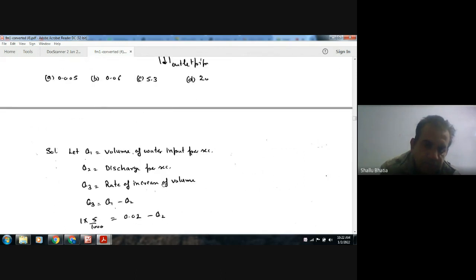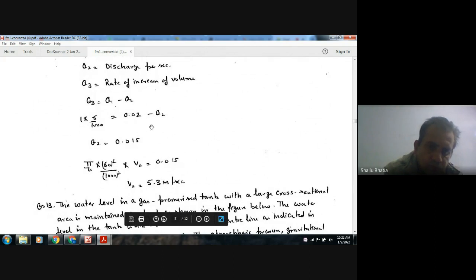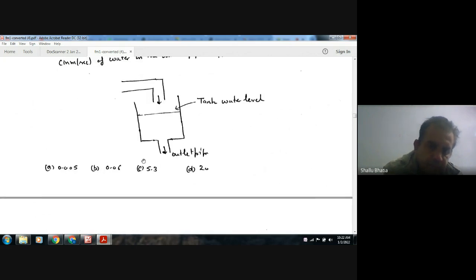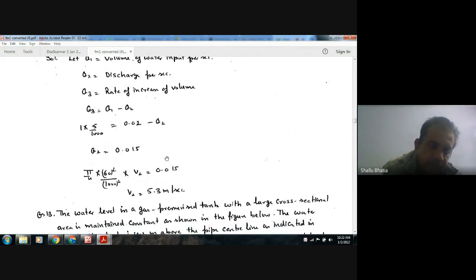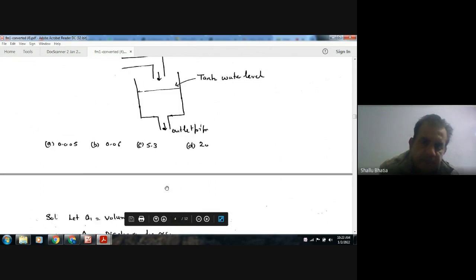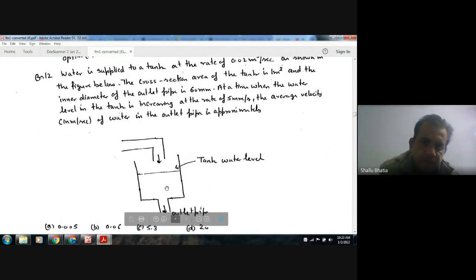Now from this we can calculate Q2, and Q2 is nothing but the rate at which the water leaves the tank, or the water discharged to the outlet pipe. That is the area of this pipe times V2, which is equal to 0.015. So V2 comes out as 5.3 meter per second. So velocity is 5.3. So option C is the right answer.